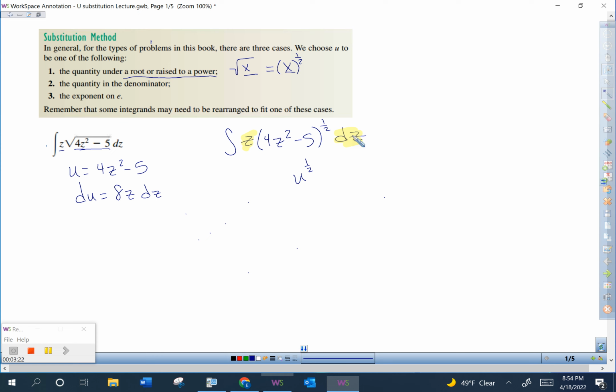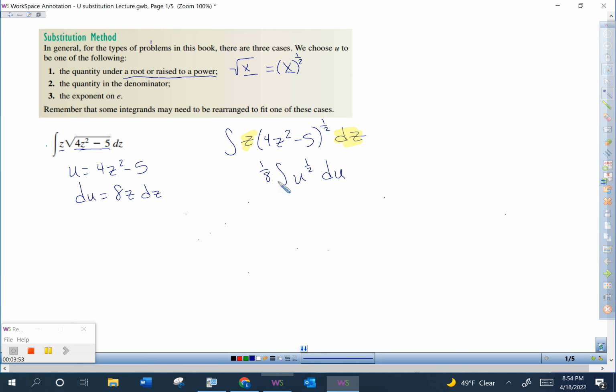So I'm going to call this du and see what that would look like. du would be 8z dz. So instead of z dz, it's got this 8 in front. It's really important that these are exactly equivalent. So what we can do to cancel out that 8 is use a 1/8 out in front. You can do it inside or outside. I like to just pull those constants out.